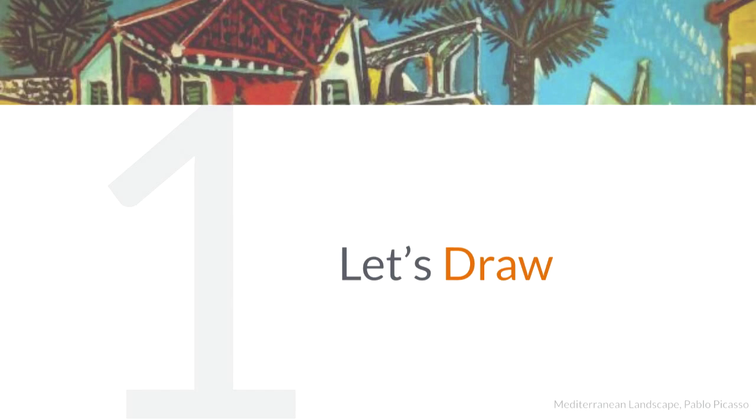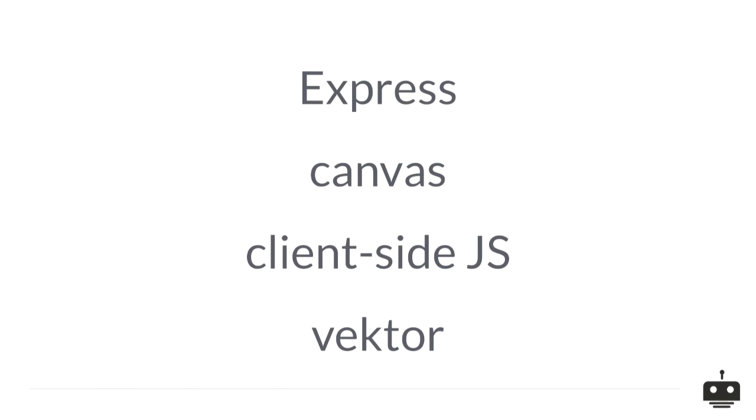Before even touching the robot, we need to be able to draw, right? So I have a really simple app, where I'm using a web framework called Express, which is a Node framework. And I'm using Canvas, which is our basic run-of-the-mill HTML5 canvas, so we can actually draw in the browser.